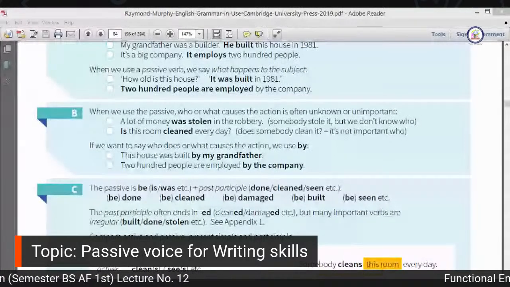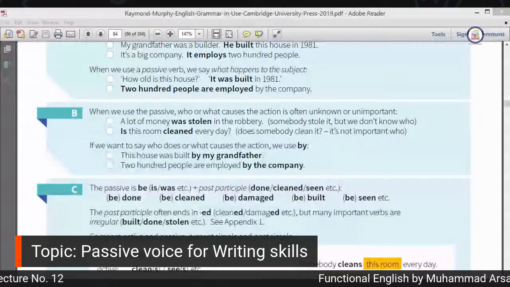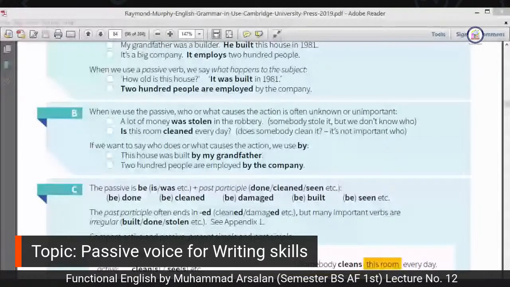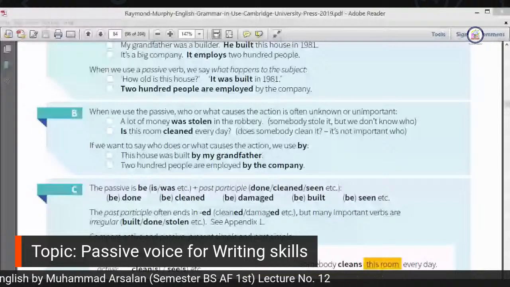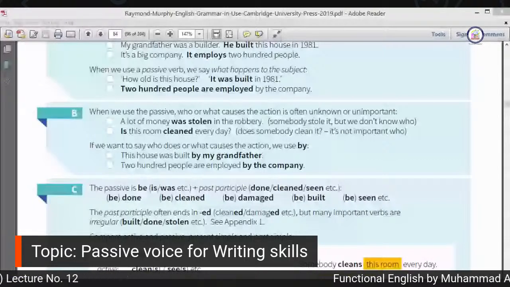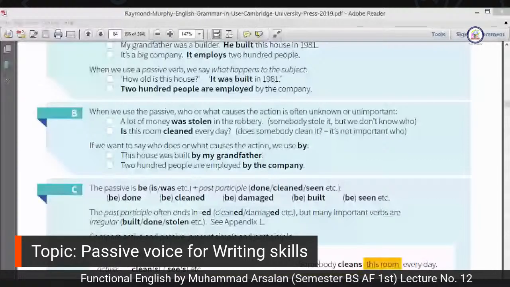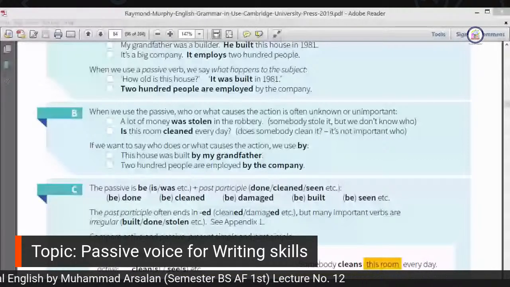In any case, it will be followed by the verb third form. You can see be done, be damaged, be built, be seen. Here be refers to am, is, are, was, were. So in passive we use am, is, are, was, were with the third form of the verb.